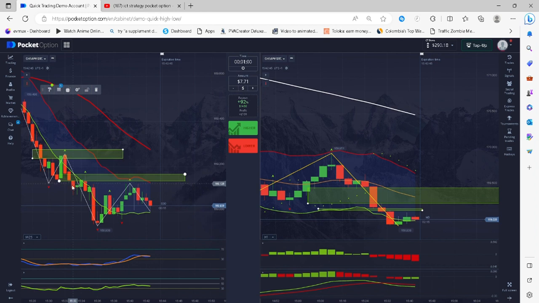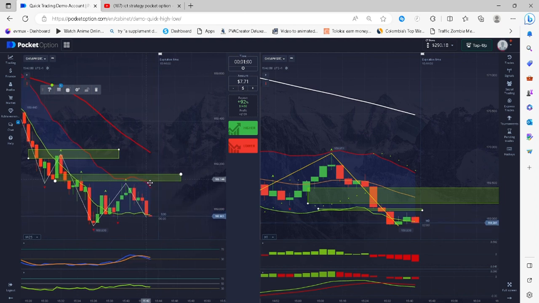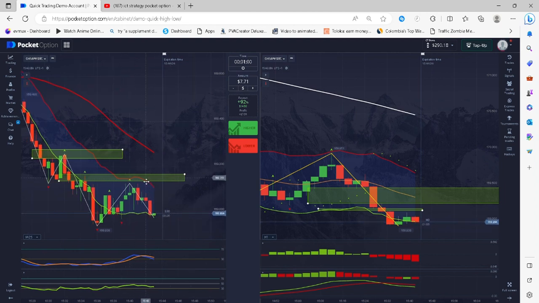This one, I feel like this one will be most likely to be used because it is closer to the upper band of the Keltner channel. While we are still waiting for that, this will be the perfect place to enter the sell trade, or here.